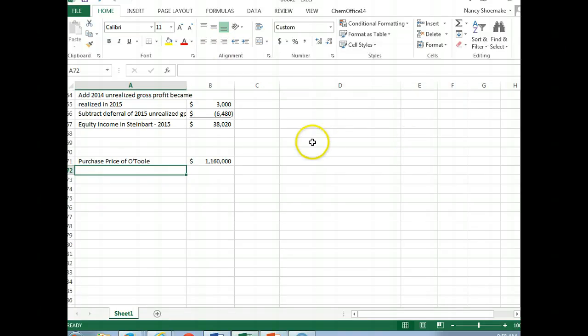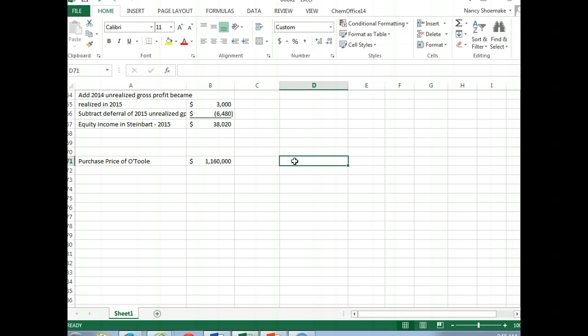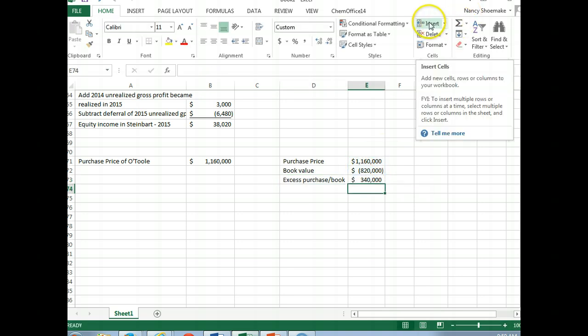Let me go over here. Purchase price, $1,160,000. Book value is $820. Excess, purchase over book, is $340,000.